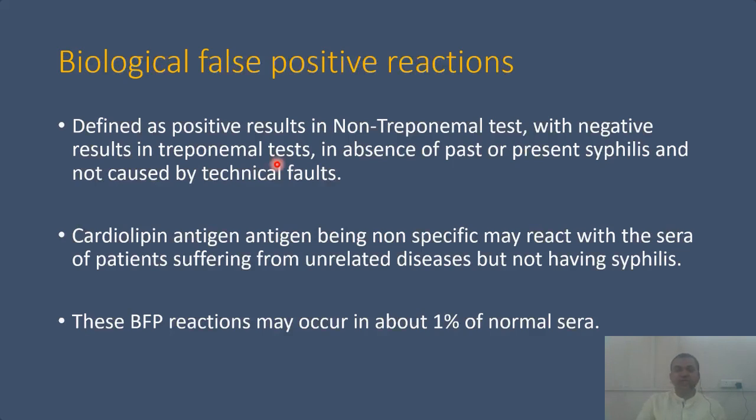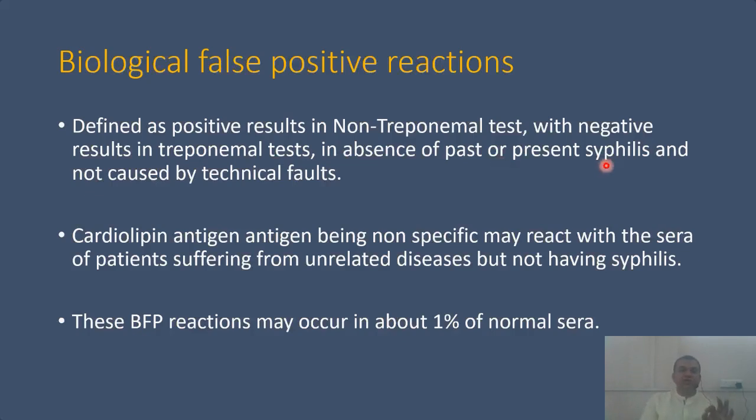So as we see in the treponemal tests, TPI, TPHA, TPPA, if the VDRL test comes positive and the same sample is sent to the more specific treponemal test, and it comes negative, that means there is a false positive reaction in the absence of past or present syphilis. This is also important.